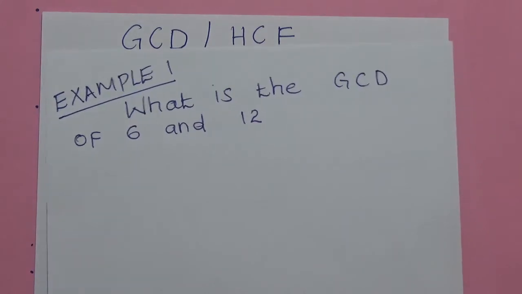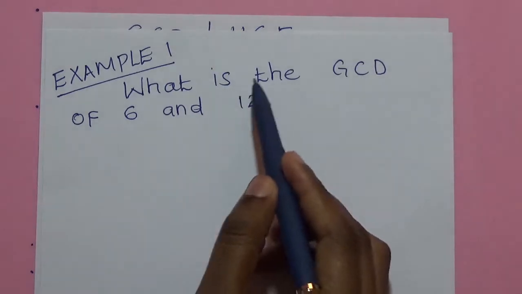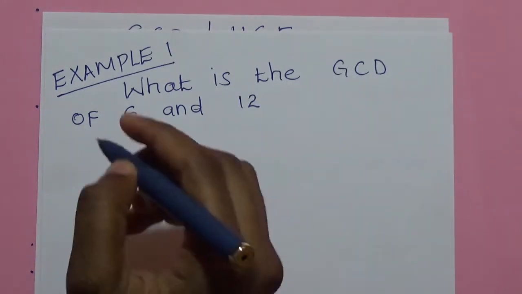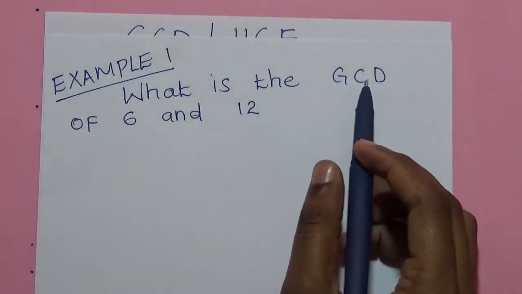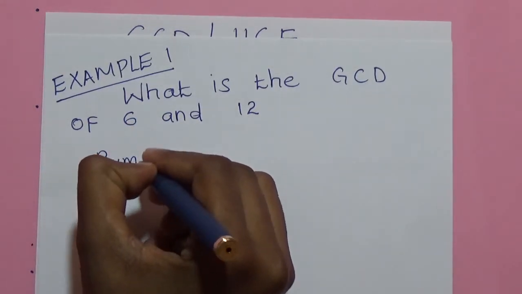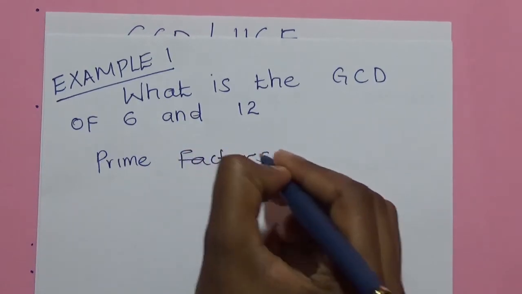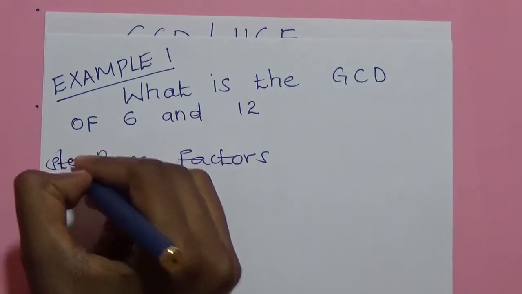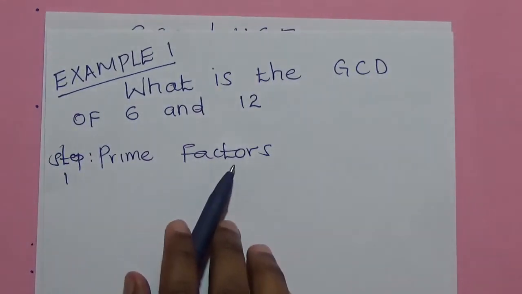In our first example, we are told: what is the GCD of 6 and 12? Now, the first thing when you are told to find the GCD is to find the prime factors of the numbers which you are given. So, step 1 will be to find the prime factors.